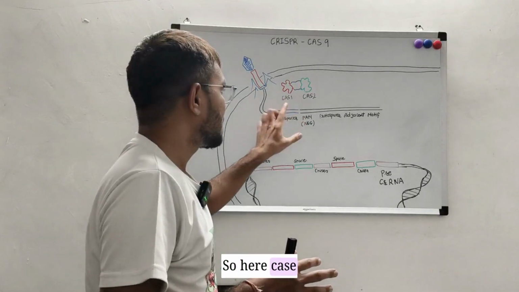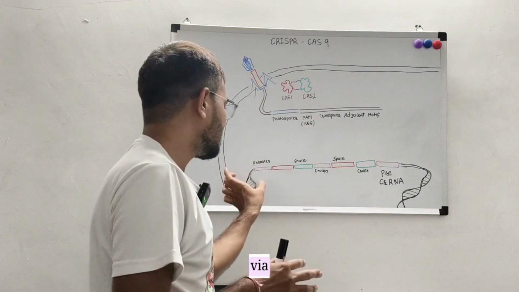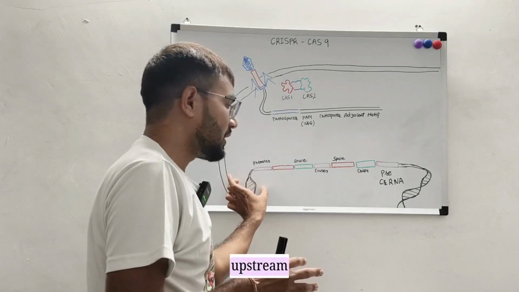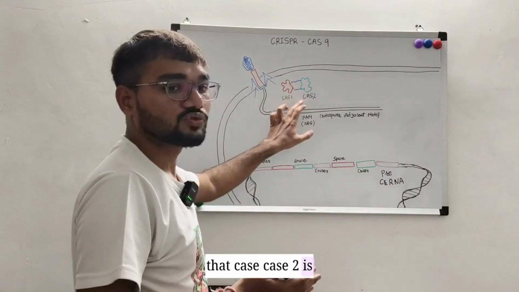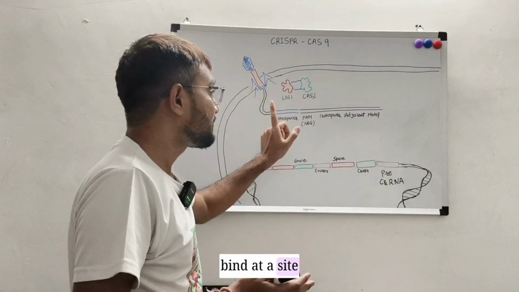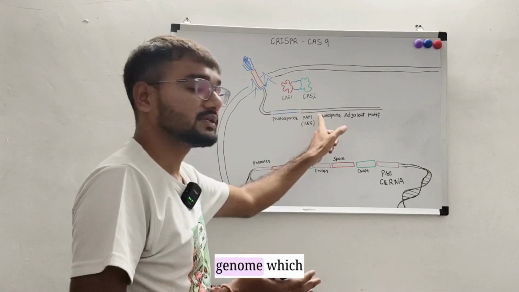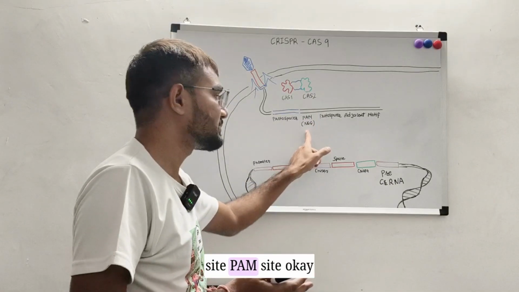So here Cas1 and Cas2 are synthesized via the upstream part of the bacteria, and Cas1 and Cas2 bind at a site of the phage genome. Which site? The PAM site.